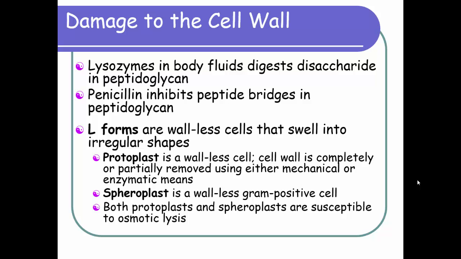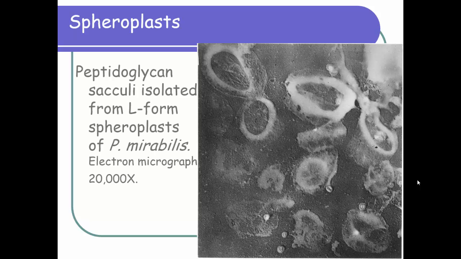Both of these, because the cell wall is damaged, are susceptible to osmotic lysis. This shows Proteus mirabilis, which is a bacillus that has undergone an enzymatic attack. What is happening is the cell membrane is swelling because the cell wall is so damaged, and these cells actually are rupturing.